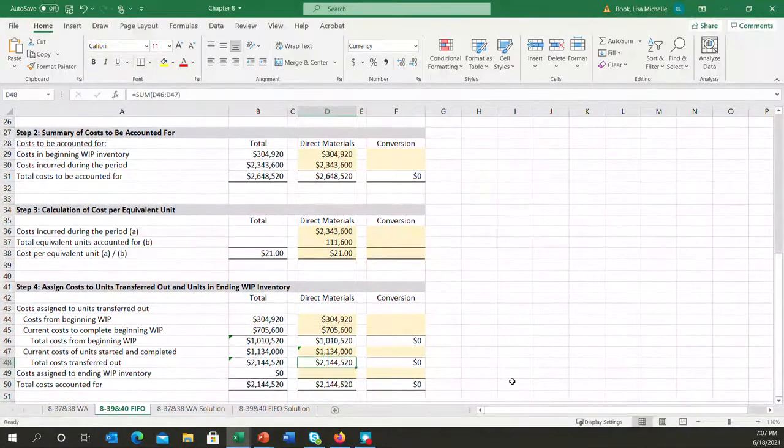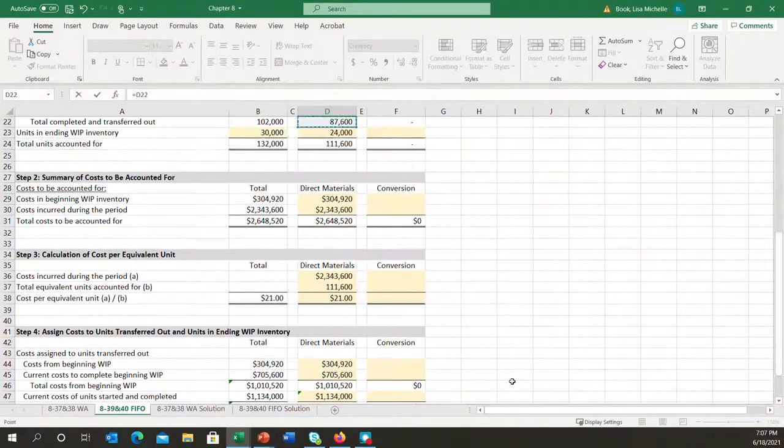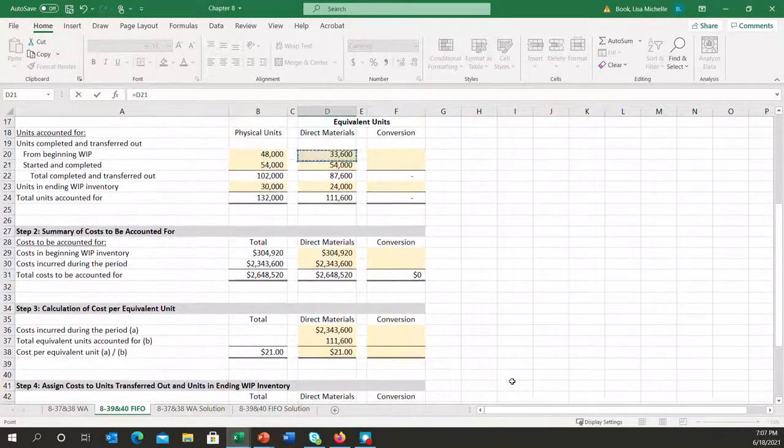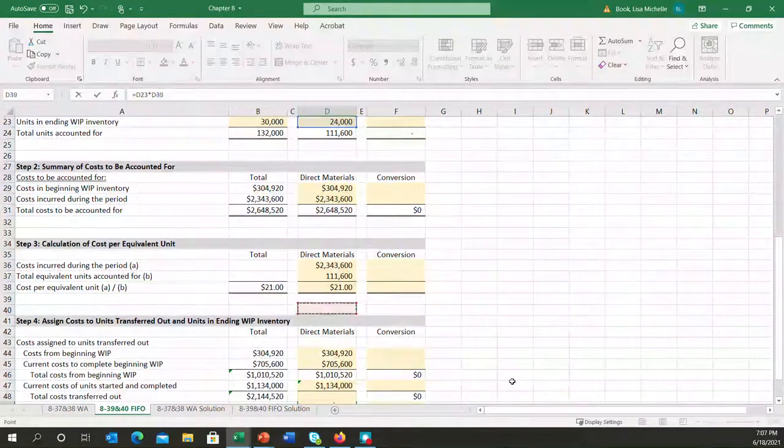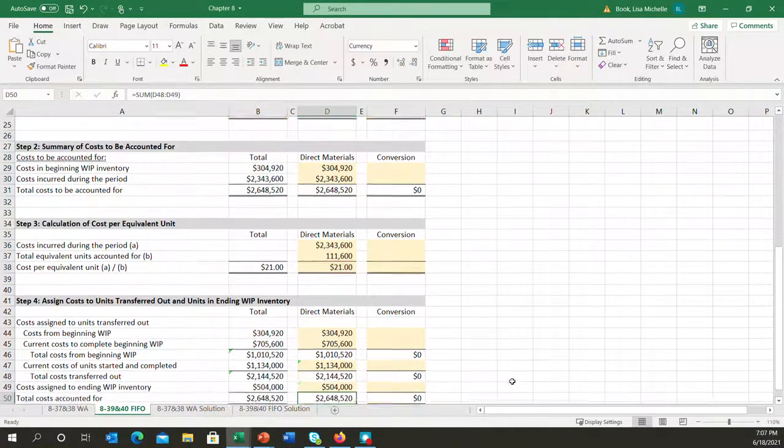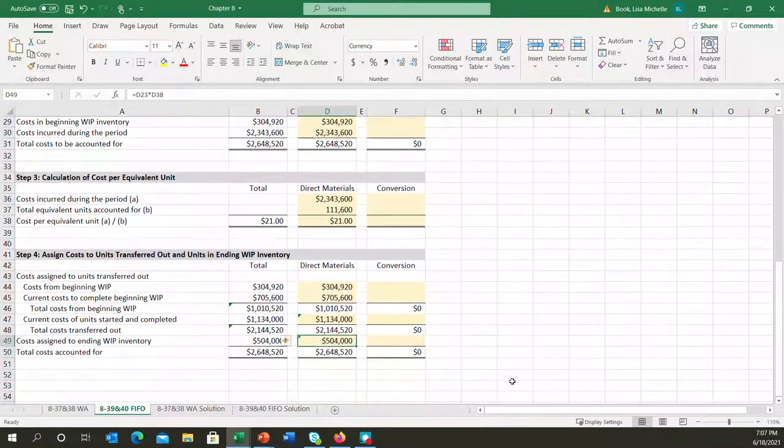The ending inventory, the process is the same. I want to make sure I go back up here and get the equivalent units in ending inventory, not the physical units. So same as we did with weighted average, and that's 24,000 equivalent units for direct materials and ending work in process inventory. Again, multiply that times the cost per equivalent unit of $21, and I get my cost assigned to ending work in process inventory of $504,000 related to direct materials.